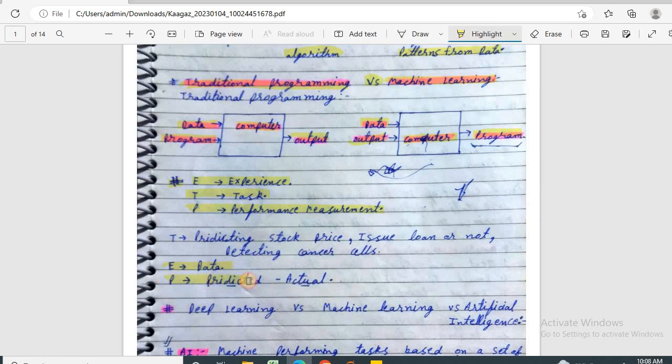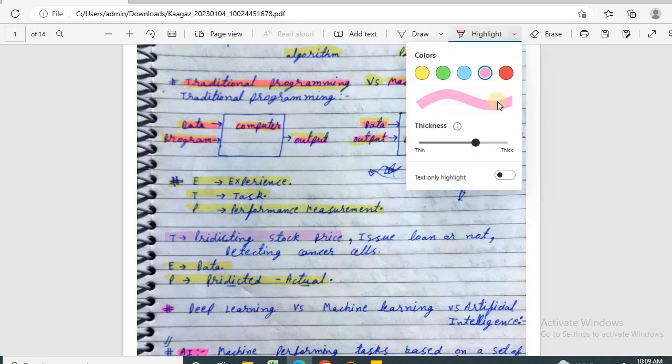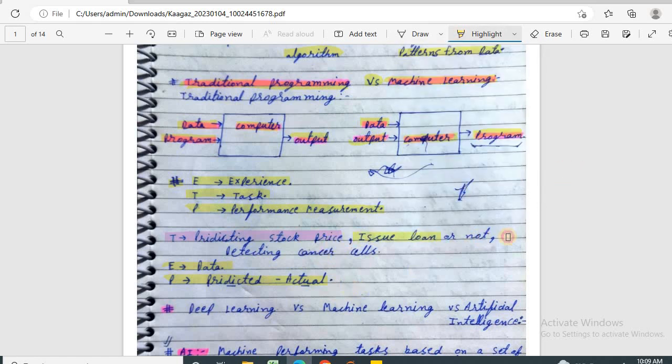Basically, whatever we want to predict, like predicting the stock price, whether we should issue a loan or not, detecting cancer cells, etc.